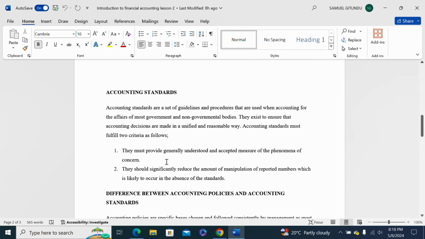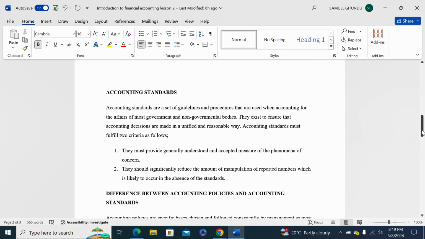Then, by that accounting standard existing, and other accounting standards, they significantly reduce the amount of manipulation of reported numbers which is likely to occur in the absence of the standard. Because a standard is there, that is what all the accountants must follow in accounting for transactions, which we are calling phenomena of concern.